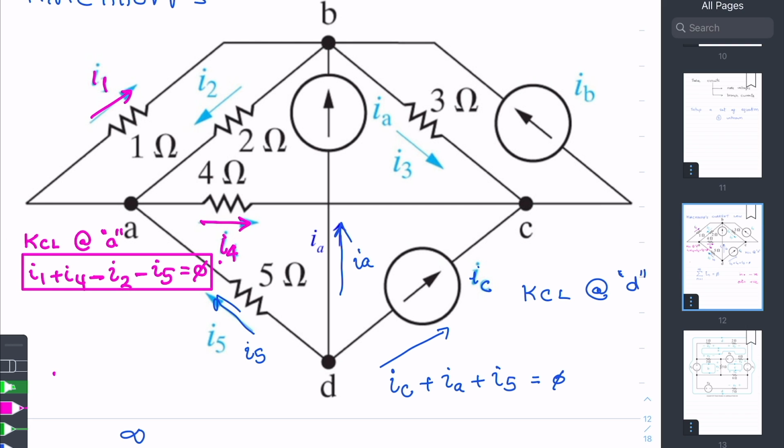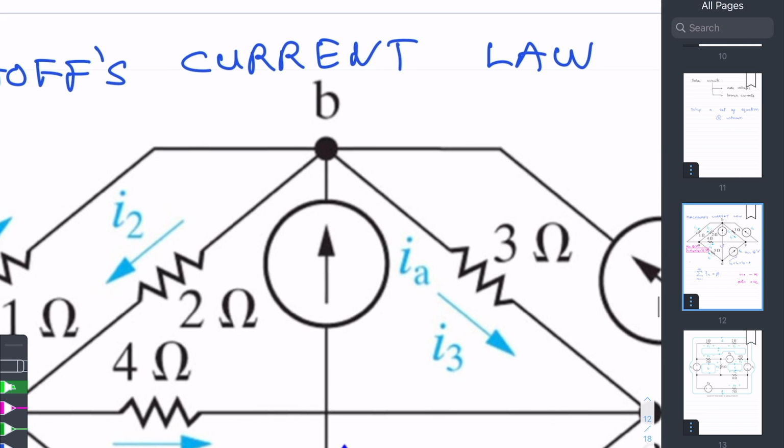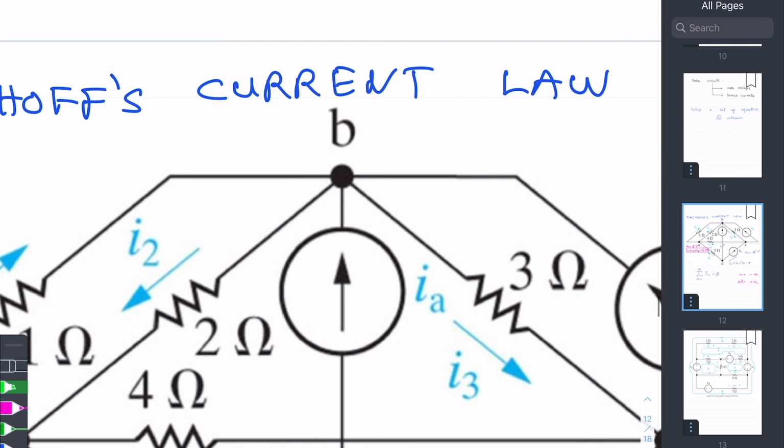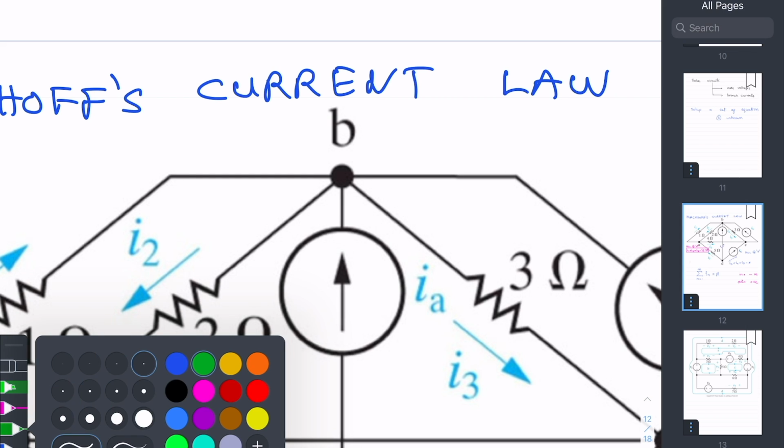Now, there is another way to apply KCL without worrying about sign, positive or negative, and that is looking at a node. Look at this particular node. Let's see if I can pick a different color here.